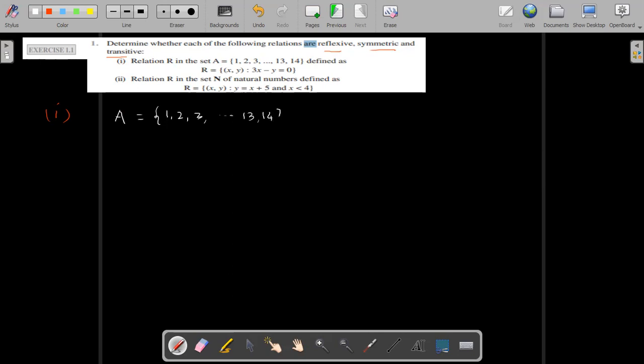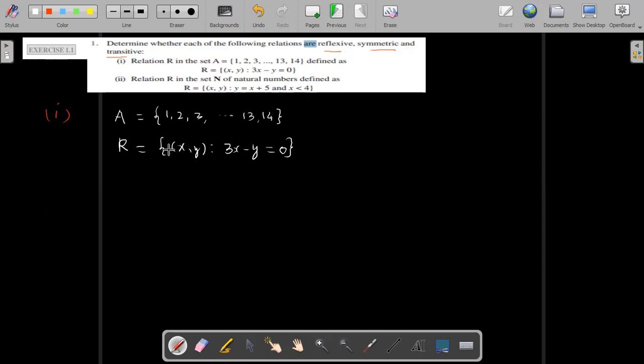This is the set A. And the relation is defined as R equal to {(x, y) such that 3x minus y is equal to 0}. So we have to analyze what will be the value of R. If we can write it easily, we can have the values here. So x, y both belong to set A.